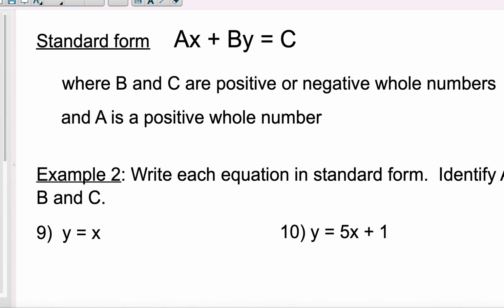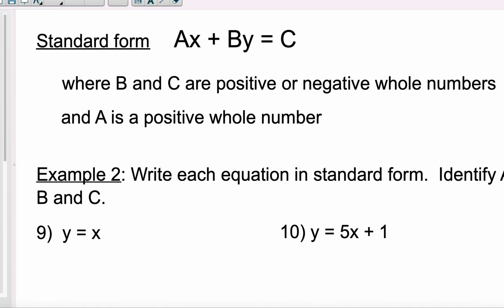All right. So there are different ways to write linear equations. One way we have is the form y equals mx plus b. That is your slope-intercept form, which most of you are very familiar with. There's another form that we're going to be looking at here today, and this is called standard form. In standard form, you've got your x and your y on the same side of the equation, and then a constant on the other side.